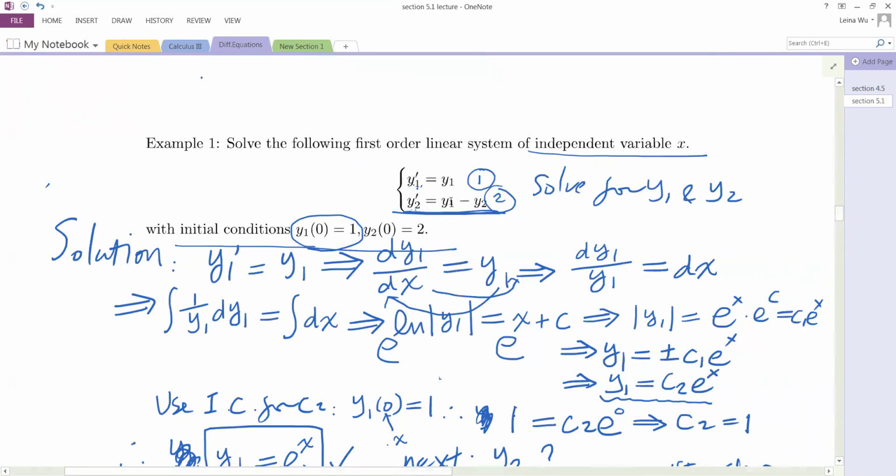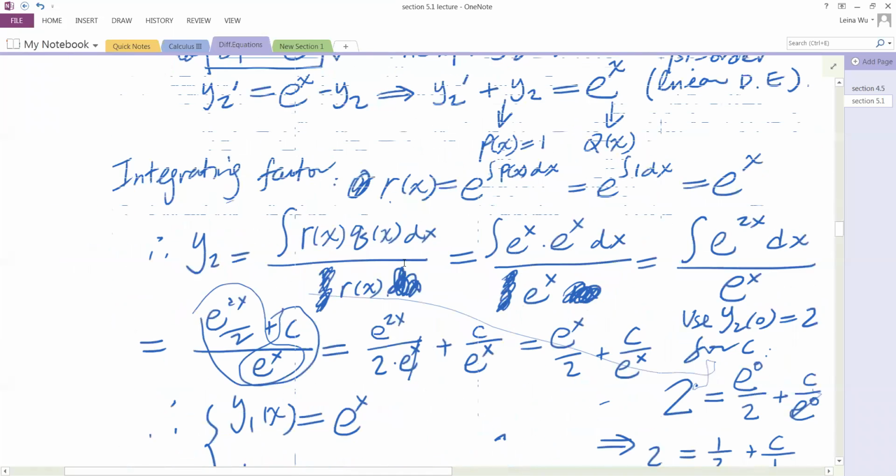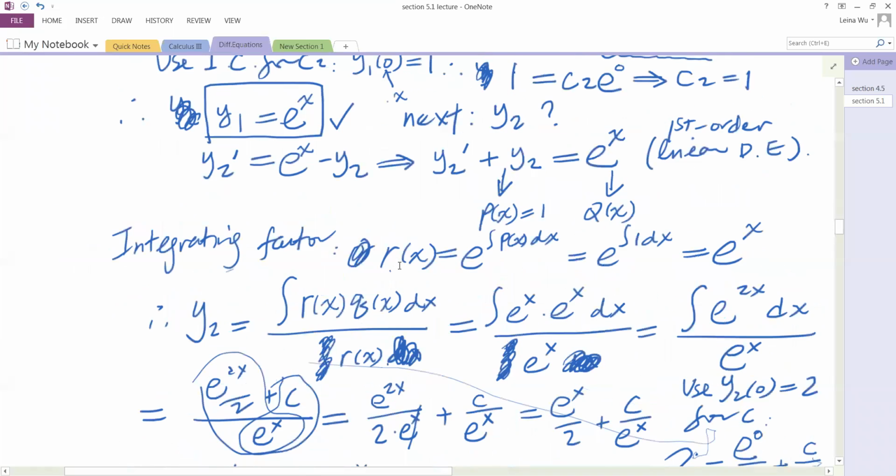However, y2 depends on y1. So the idea is you first get y1 and then use y1 to solve for y2. And the second equation, based on its format, we understand this is a linear differential equation. Therefore, you can use our previous knowledge of integrating factor to solve for y2. Eric, does that answer your question?